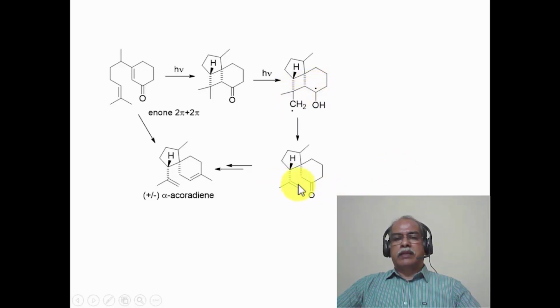So this methylene essentially is coming from the formation of a CH2=C carbon-carbon double bond here with the breaking of the cyclobutane derivative in this particular instance. This is further synthetically transformed into the alpha-acoradiene in the racemic form by the sequence of reactions that is shown in this particular frame.